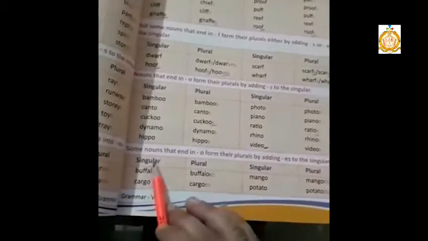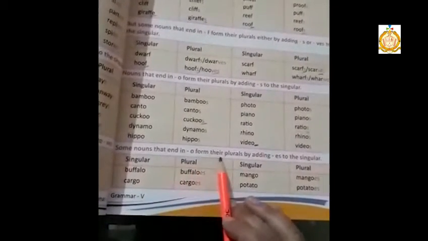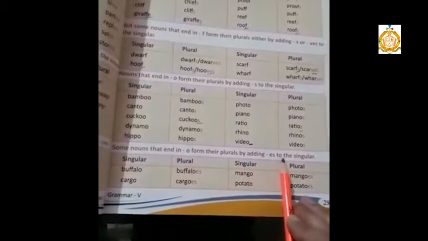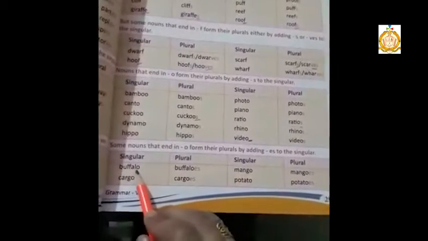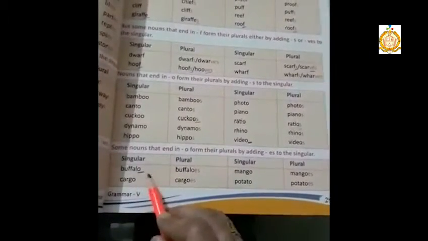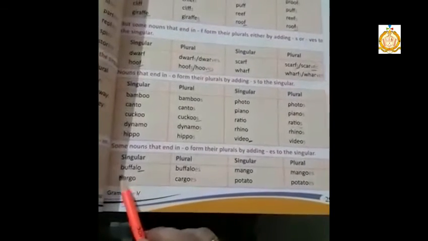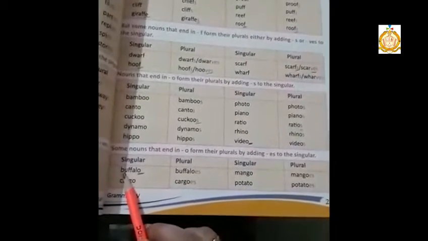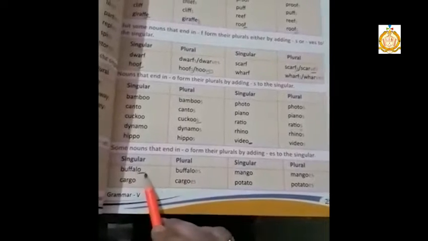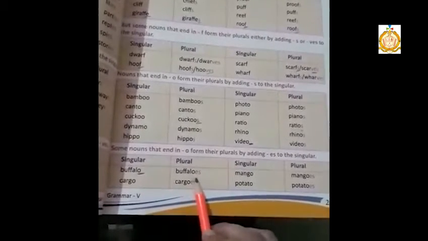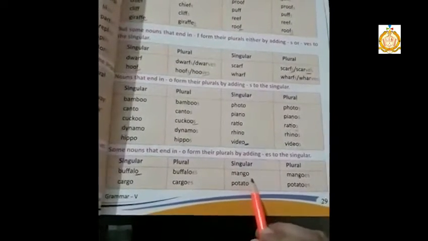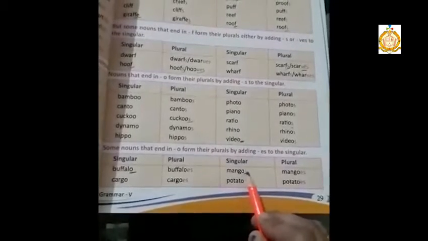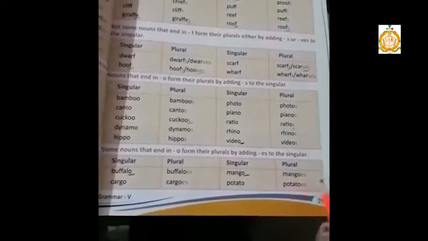Now some nouns that end in o form their plurals by adding es. So I will add es with o. The first example is buffalo, I will add es, so it will become buffaloes. Now mango, I will add es with o, so it will become mangoes.